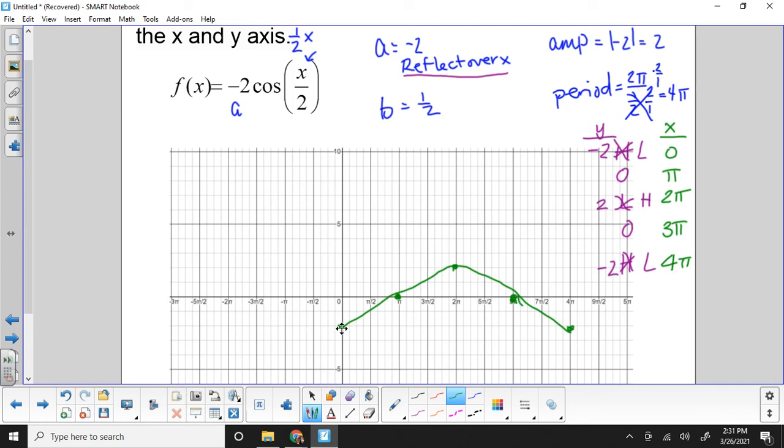But it is. Remember, it's a reflected cosine function. Once you graph one, it's easier to continue graphing the rest because you have your spacing already created. And you can graph the remaining part. There you have your graph of your transformed cosine function.